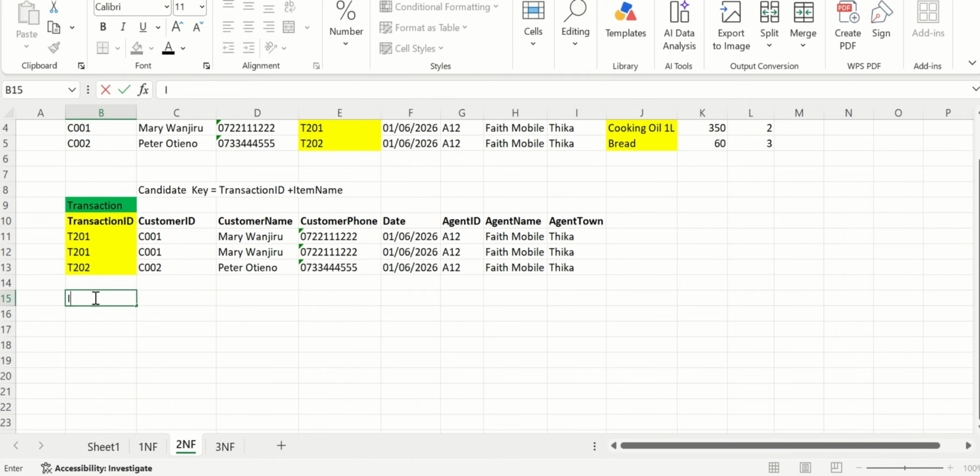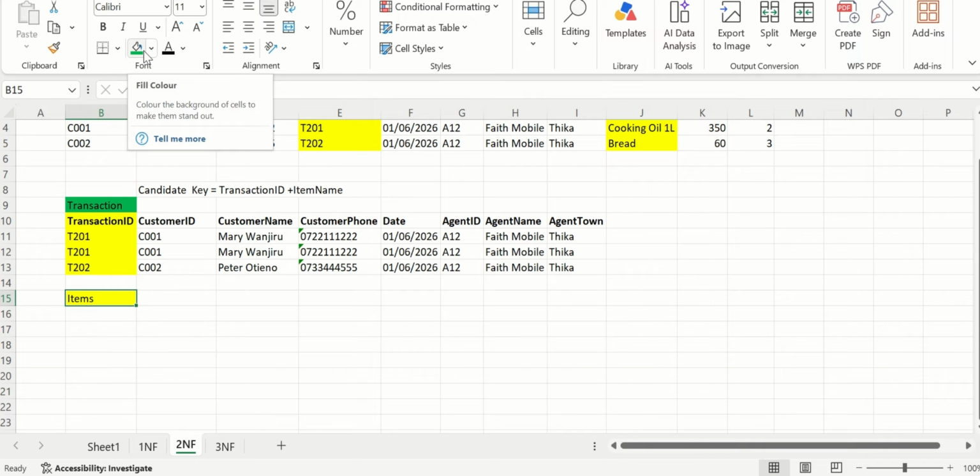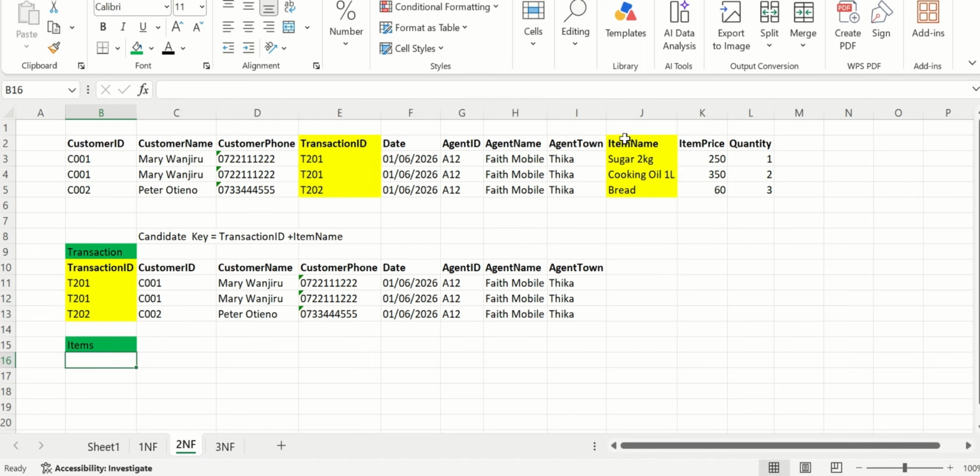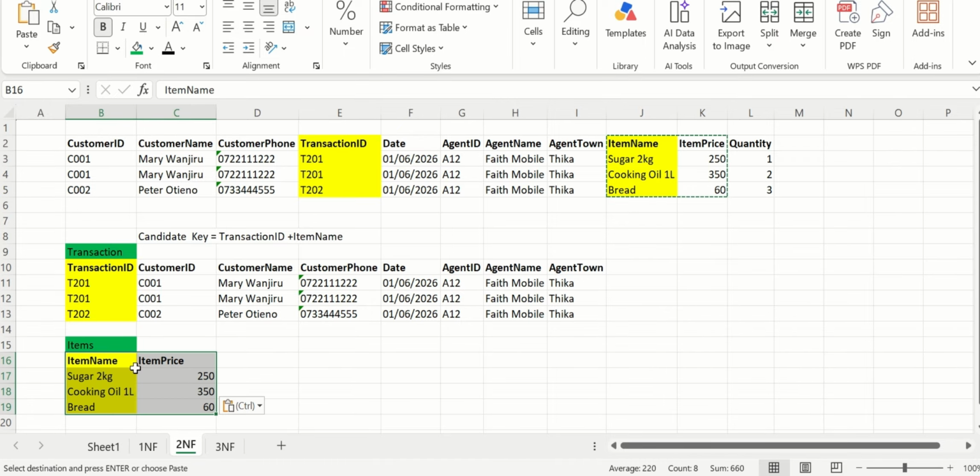Let's just call it item. Now let's make it green. Yeah, and then we shall pick this and this, copy, and then paste here.